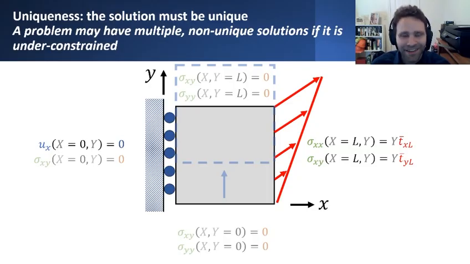In this case, what would happen to this block if I have it sitting on rollers on this left edge and I have maybe some externally applied loads along the right edge? If I'm not constraining it against moving vertically in the y direction at all, I don't have any rollers or any other additional constraints that prevent that rigid translation from happening. What'll happen is, well, this block will start to move.